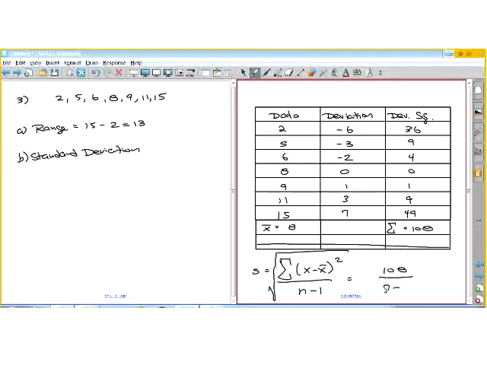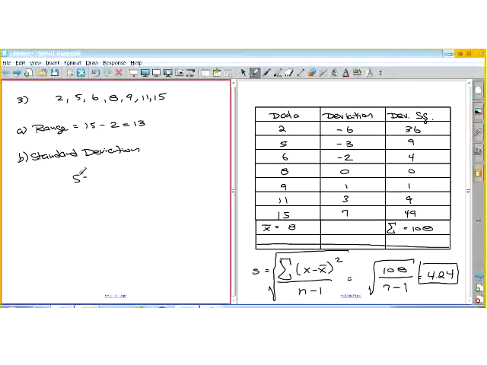The denominator is 7 minus 1, 7 data points. We take the square root of that. So it's the square root of 108 divided by 6, square root of 18. The square root of 18 is 4.24. So the standard deviation is 4.24. The range is 13.